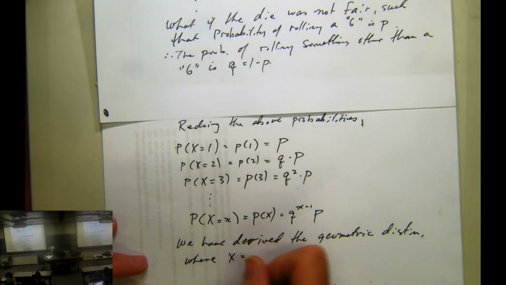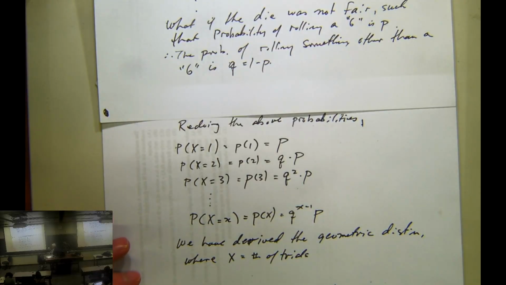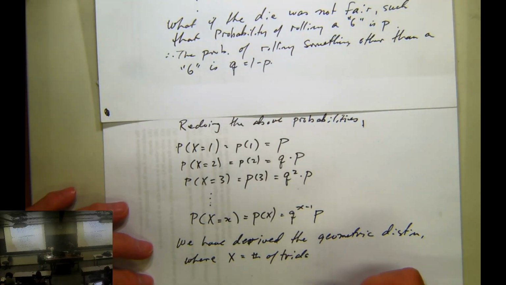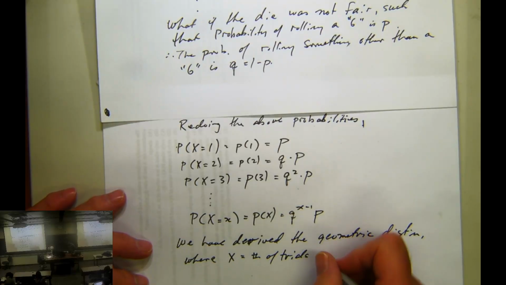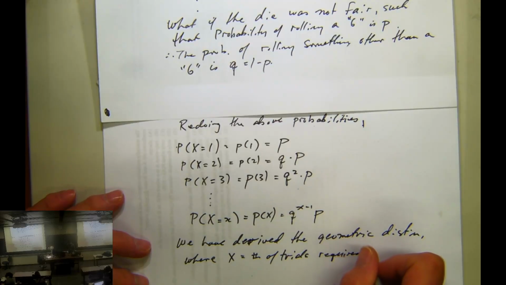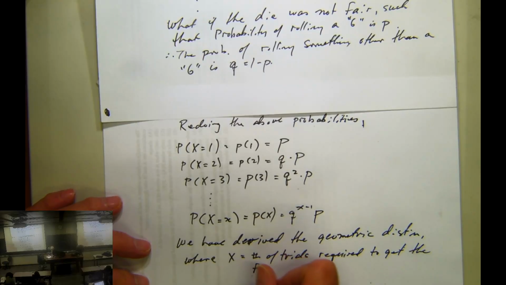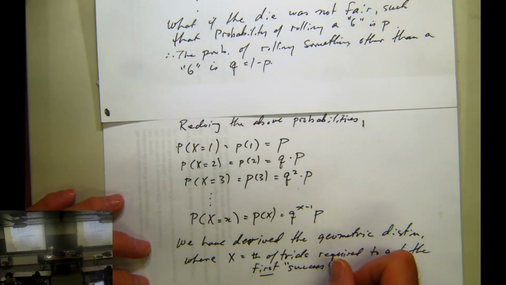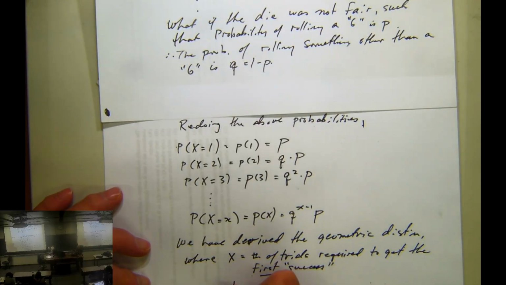Where X equals the number of trials required to get the first success, and p equals the probability of a success on any trial.